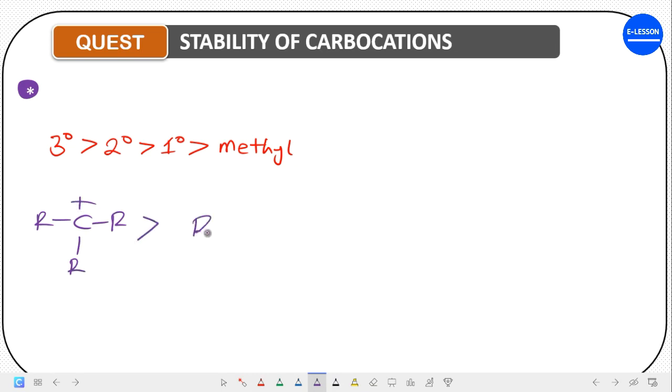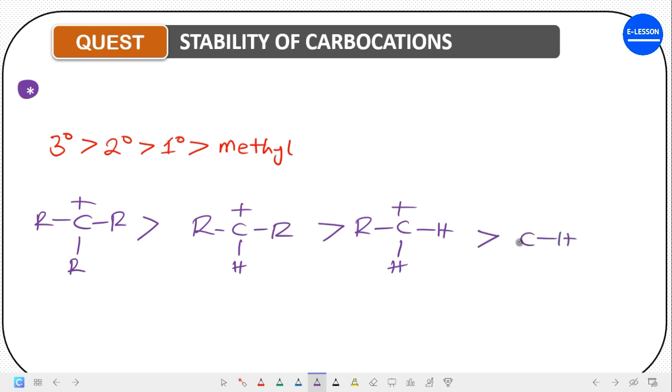This is more stable than C with two R groups and H, positive. More stable than C with R, H, H, positive. More stable than CH3 positive. You see that as we progress, the hydrogen increases and the methyl groups decrease. So all these are 3 degree, 2 degree, 1 degree, and 0 degree. Okay, so this is how stable these carbocations are.